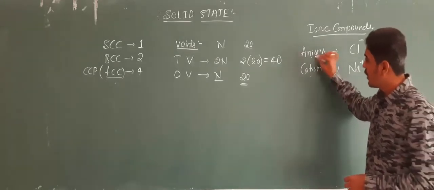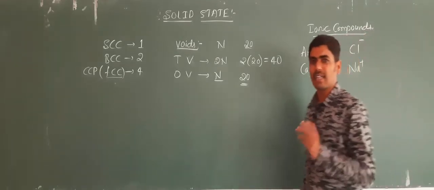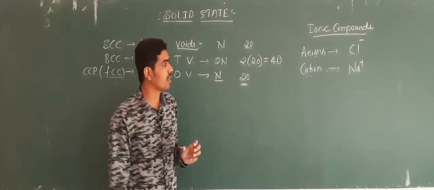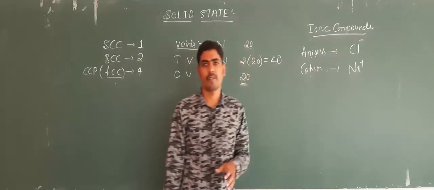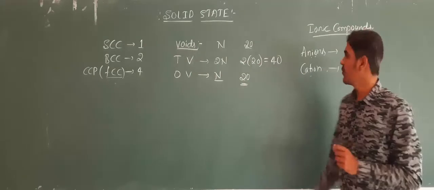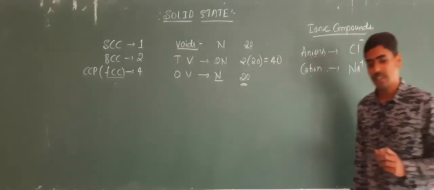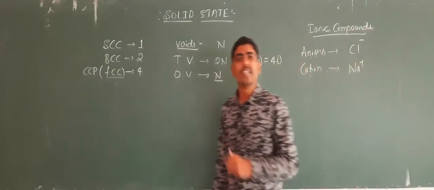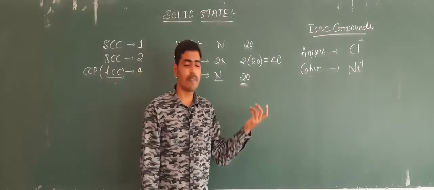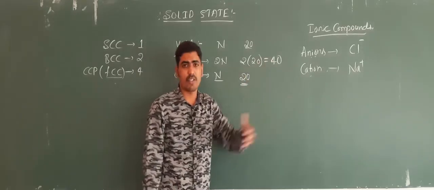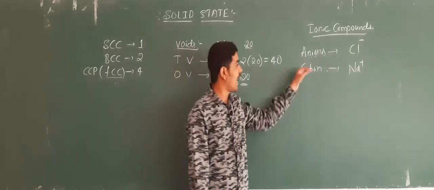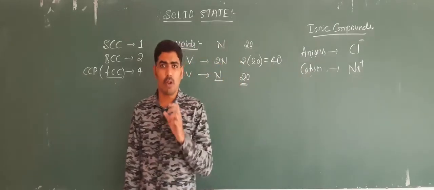Whenever you consider anions, they are larger in size as compared to cations. Cations are always smaller in size, and anions are much larger. It is due to the screening effect. Due to the screening effect, anions have larger size and cations have smaller size.